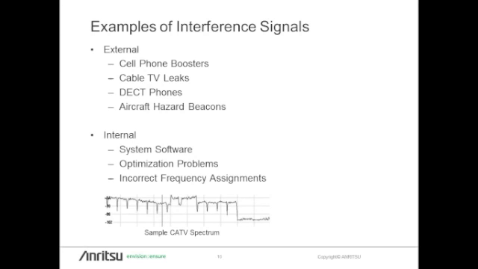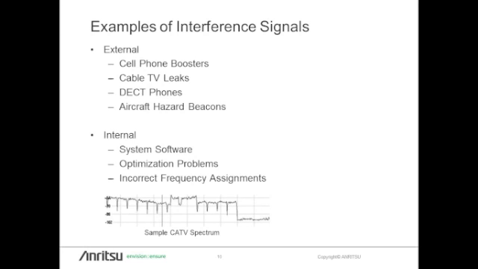These include cell phone boosters, which anybody can buy online or at your local electronics store, cable TV leakage from cable TV systems, DECT phones or digital cordless phones, and aircraft hazard beacons. So I'll have just a short discussion on each one of these, how you can find them, and the issues you need to consider in order to localize and find where they're being generated.